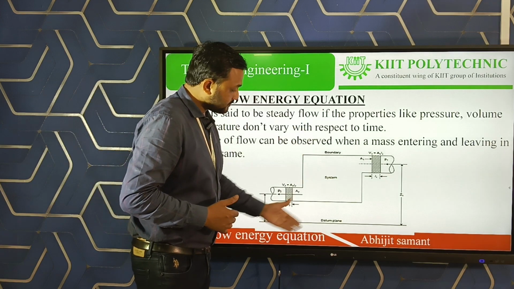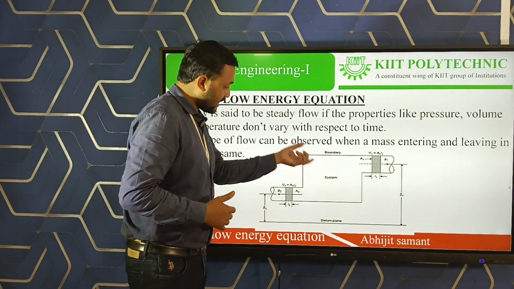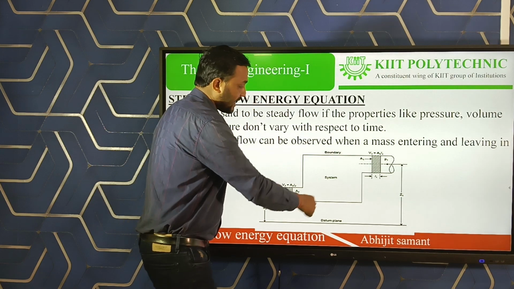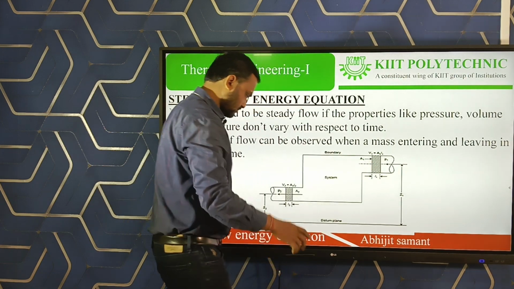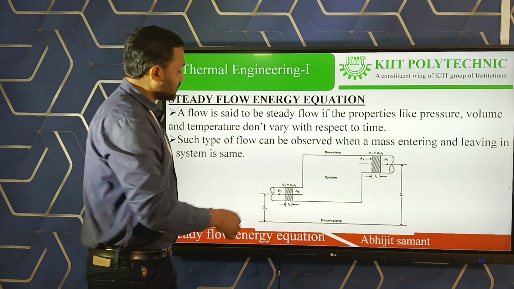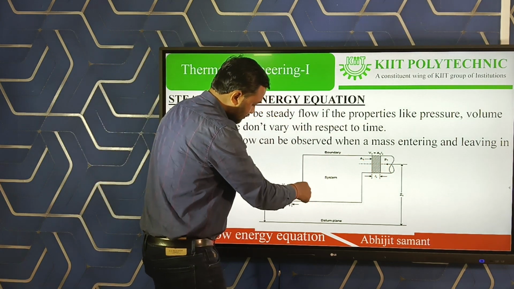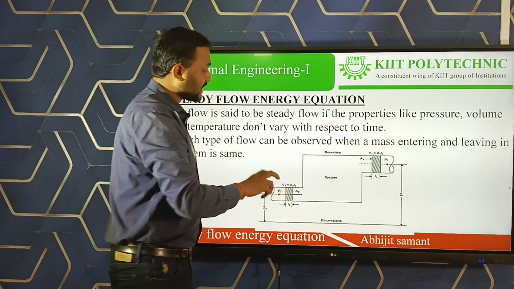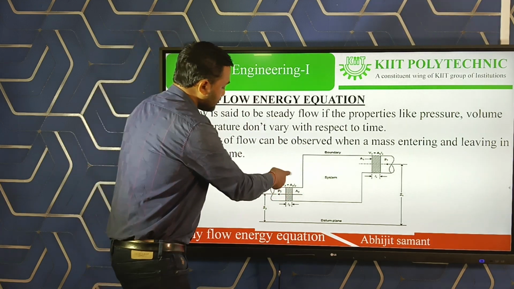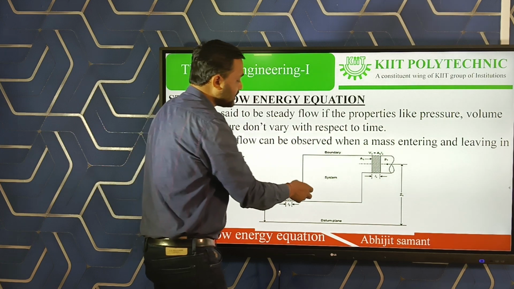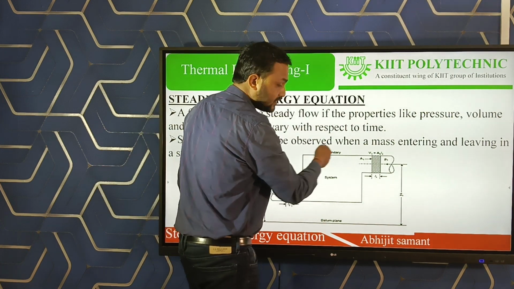Here we are seeing that in an open system, mass enters on this side and leaves on this side. It may be the opposite. So if the mass is entering on this side and leaving on this side, we can calculate the steady flow energy by applying the steady flow energy equation. We calculate the work done by the system.